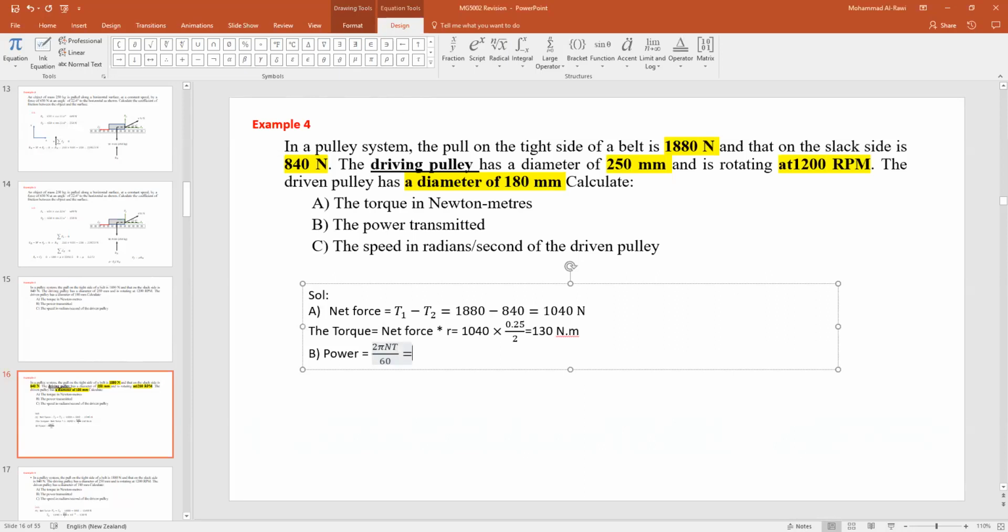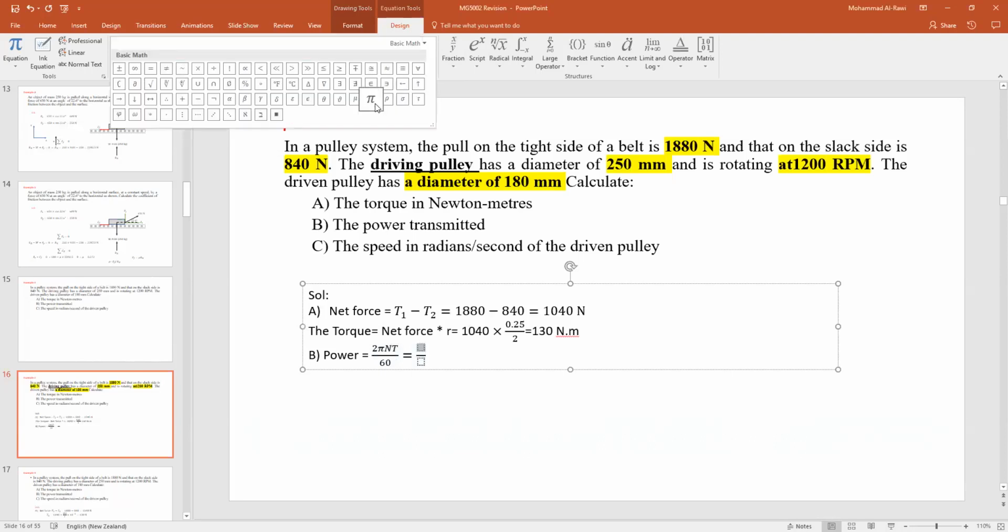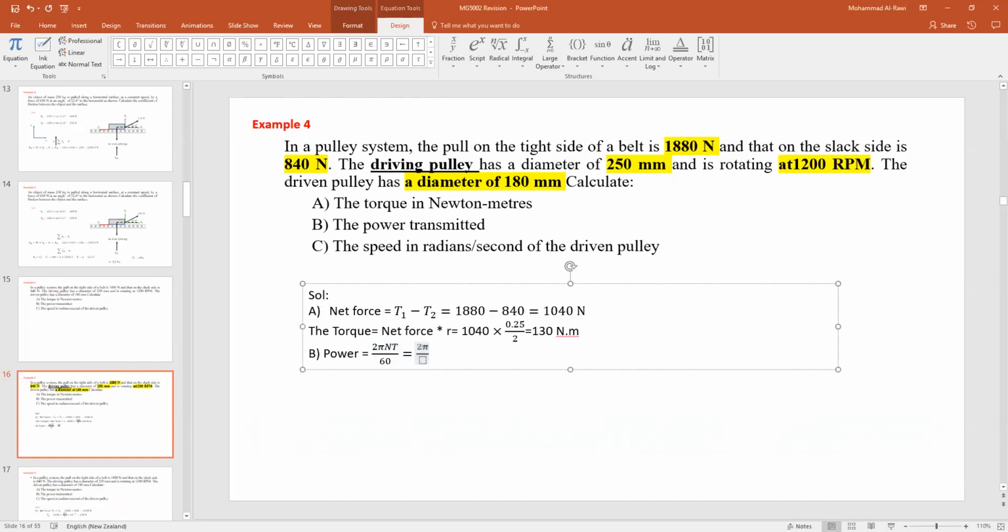So if I substitute the values here, we have 2 pi times 1,200, which represents the rotation of the driving pulley, multiplied by the torque we found, 130, and then divided by 60 because we are converting the RPM to revolutions per second.